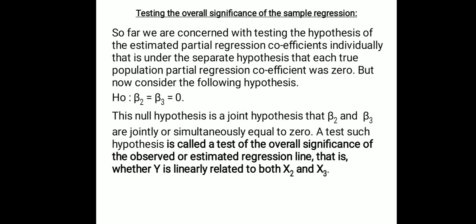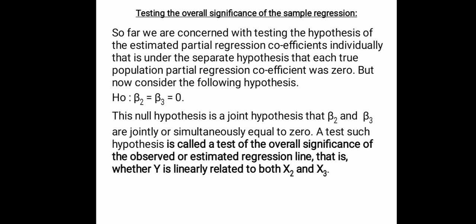Thus the null hypothesis is that beta 2 and beta 3 are jointly, or simultaneously, equal to 0. This hypothesis test is called a test of overall significance of the estimated regression line, that is, whether y is linearly related to both x2 and x3. This type of question may be asked in a multiple choice question.